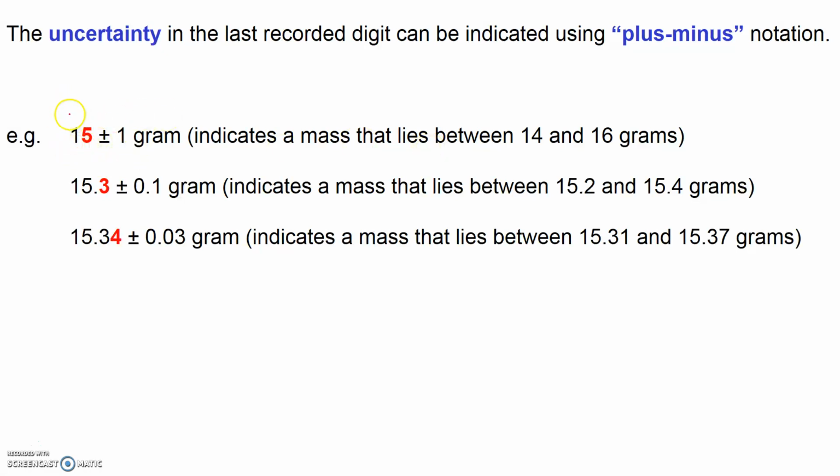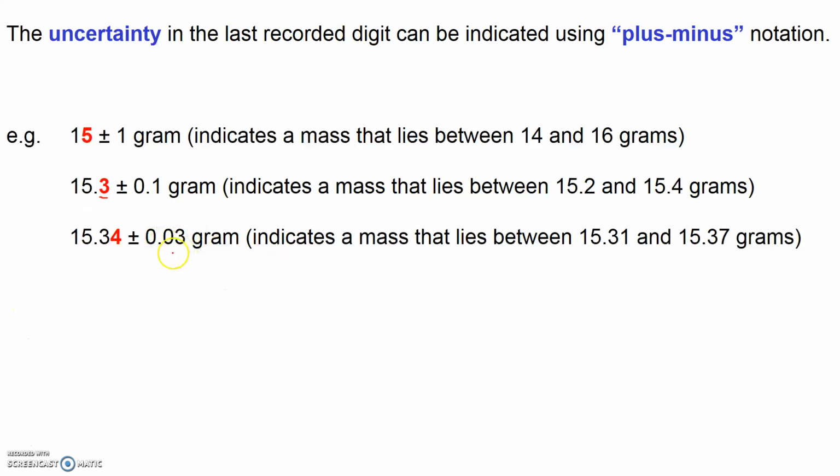It means our answer is somewhere between 14, that's the minus 1, and maybe out to 16, that's the plus 1. This is a bit better measurement. The uncertain digit is in the 0.1 position. Here it is, 15.3 plus or minus 0.1. So that means our true value is somewhere between 15.2 and 15.4.